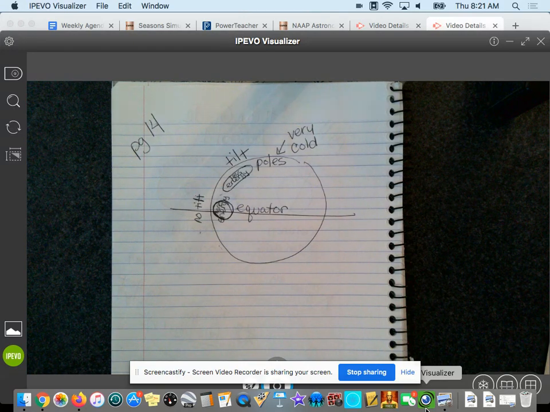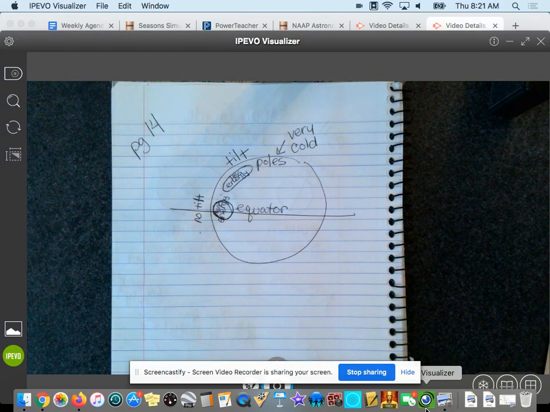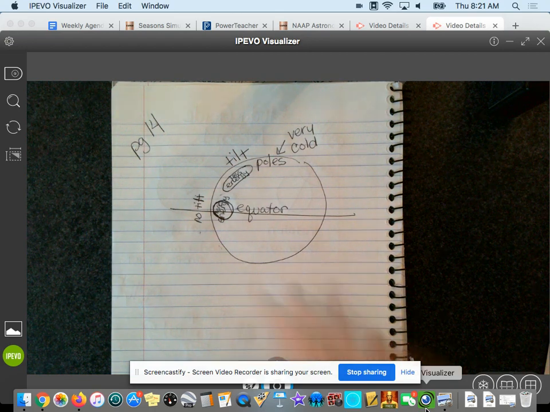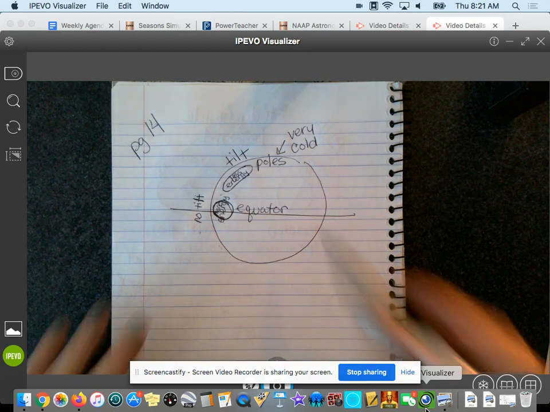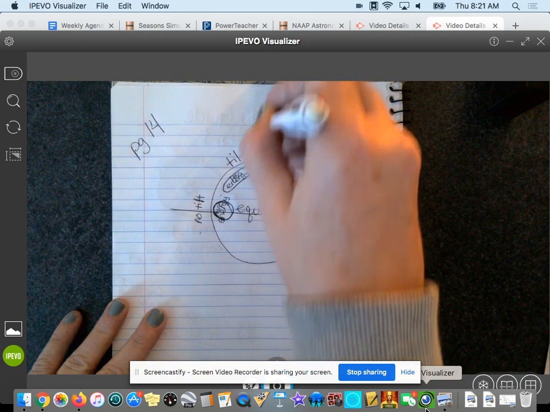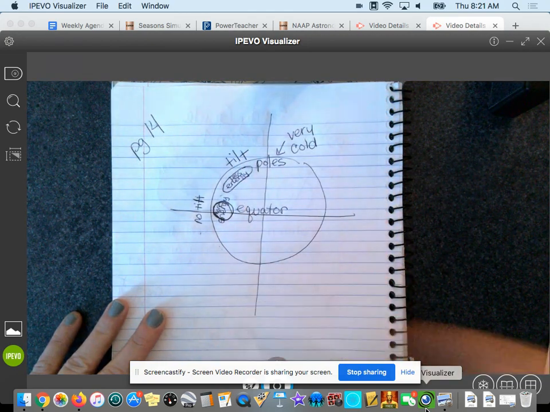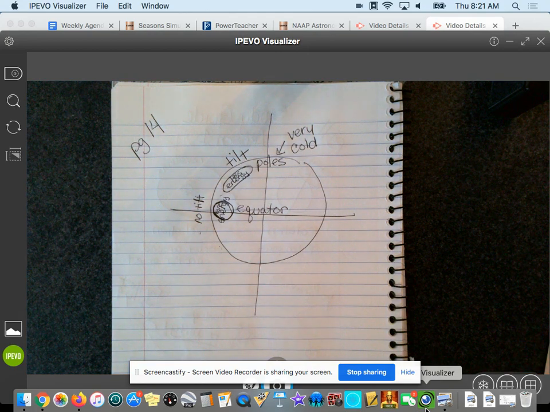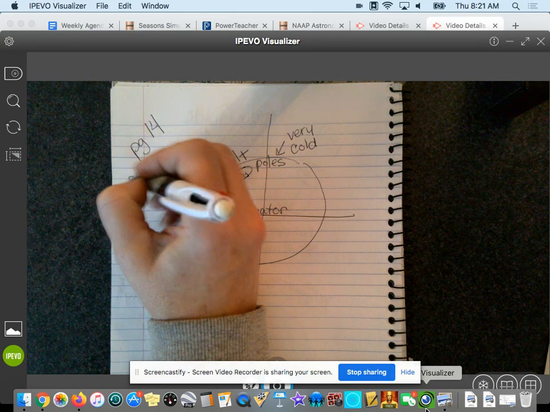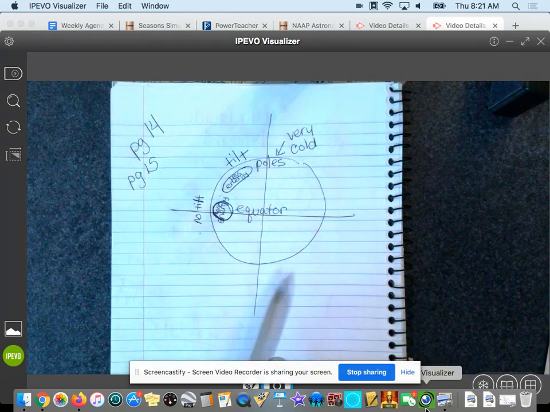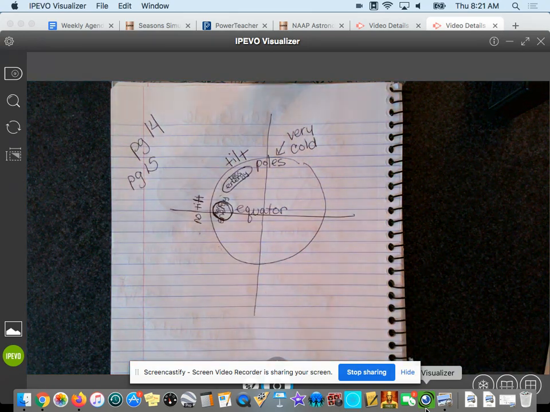Next, I think we can use this same image. So this is page 15, and page 15 was just kind of a continuation on this.